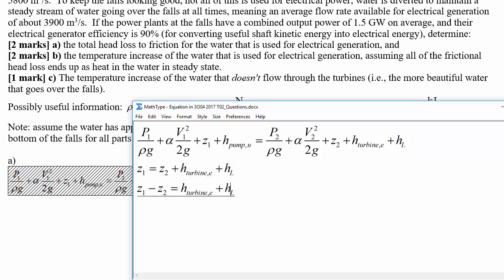Now, our goal is to calculate this. So maybe we'll rearrange it in terms of that. This would equal 51 meters minus the useful head that went into the turbines. So the head loss to turbine energy generation there.